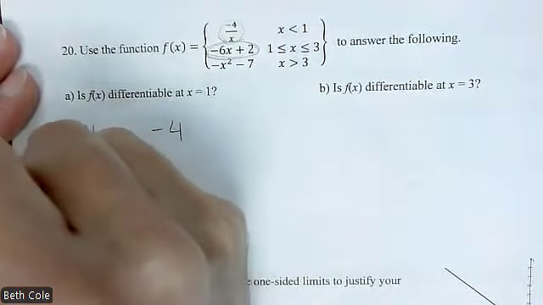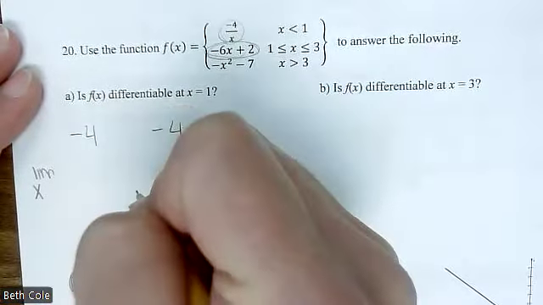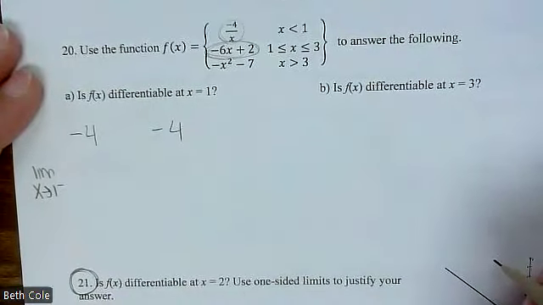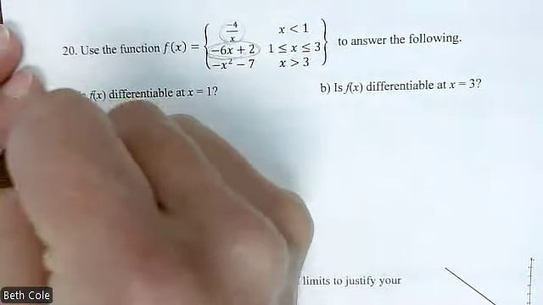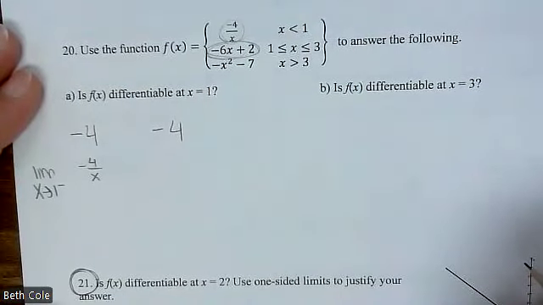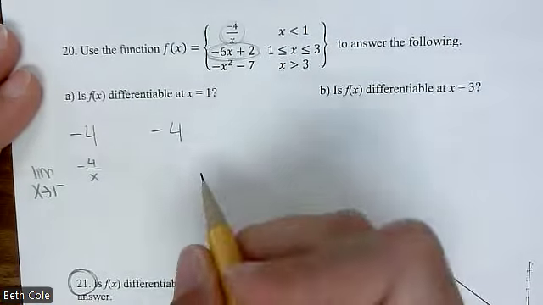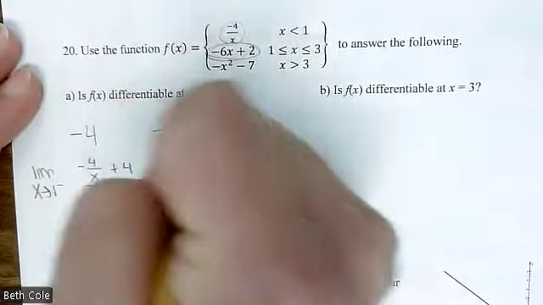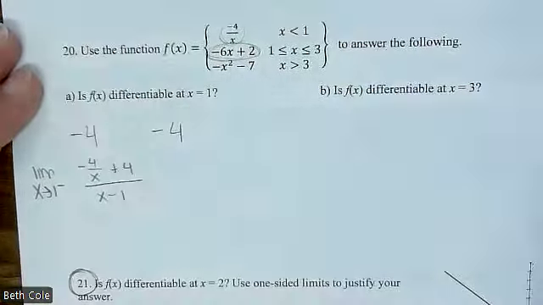All right. So limit, now here you have to do the limits. Limit as x goes to 1 from the left. It is the function minus what? -4. So it would be +4 over x minus 1.